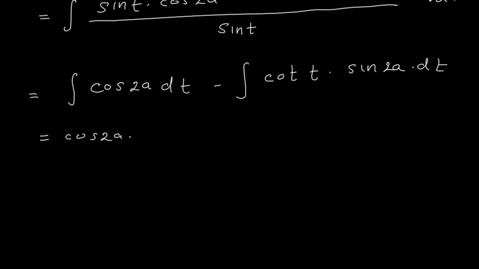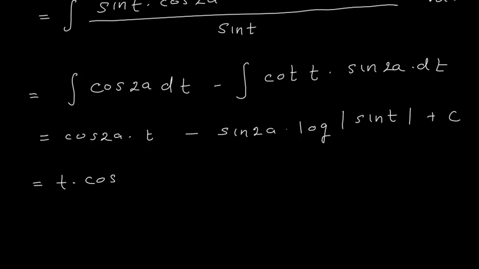The integration of dt is t minus, you take sin 2a out, and the integration of cot t is log of sin t, plus we take the constant of integration as c. So this becomes t into cos 2a minus sin 2a into log of sin.